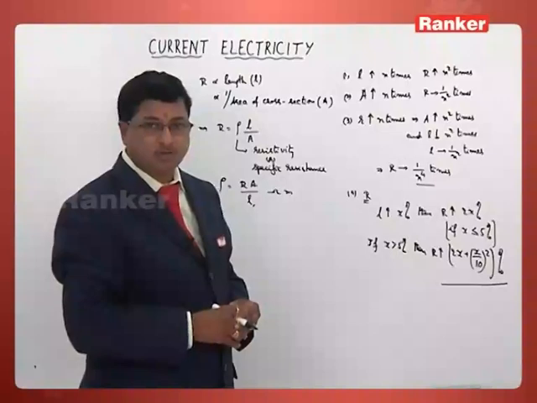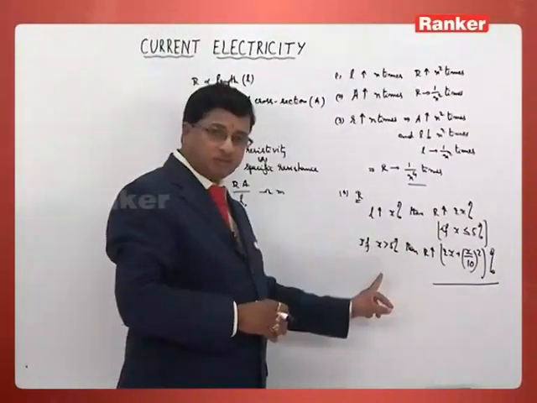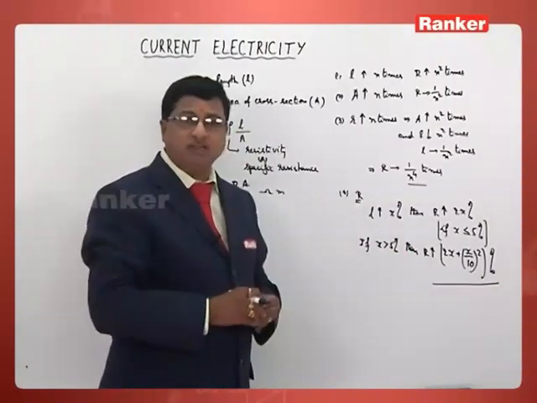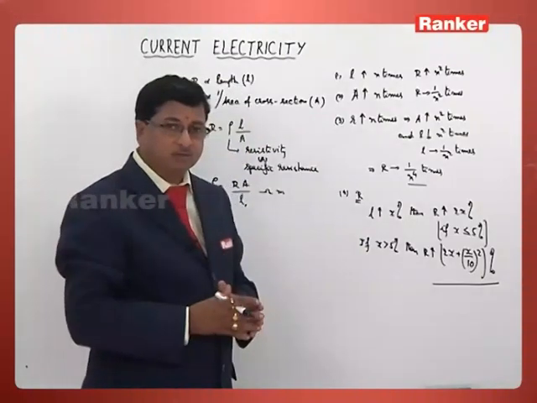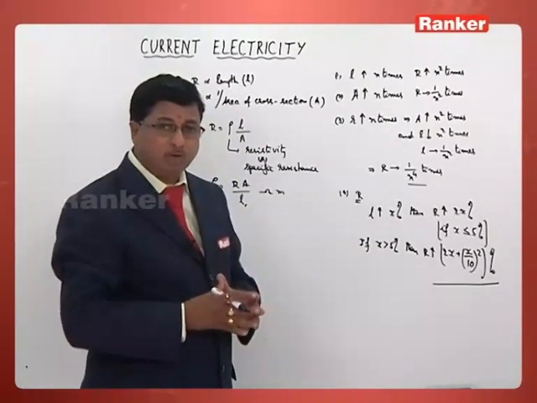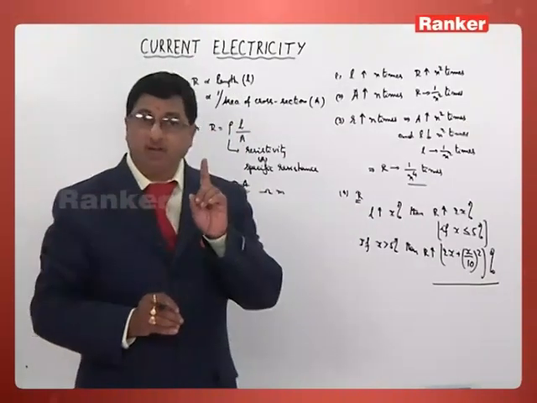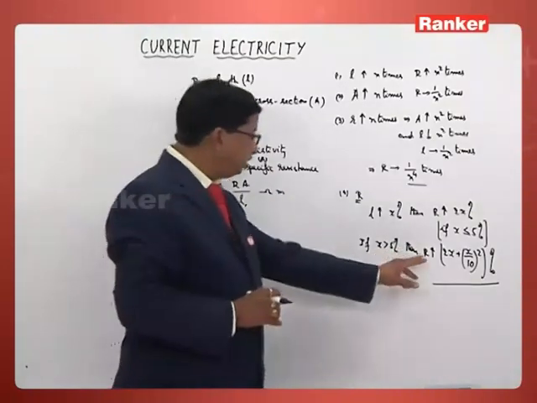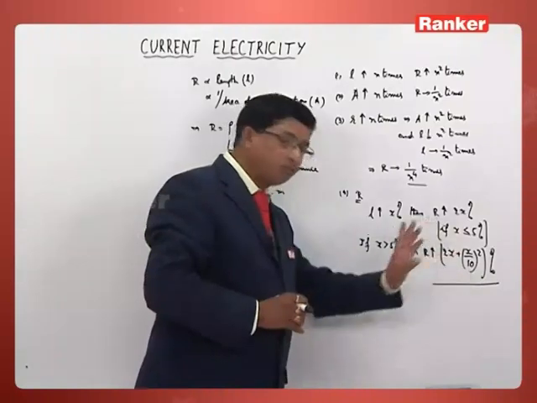I repeat once again, if length increases by 5% or more than 5%, that's what I am talking about. If length increases by x%, where x is greater than 5%, then resistance increases by 2x plus x by 10 whole square percent.